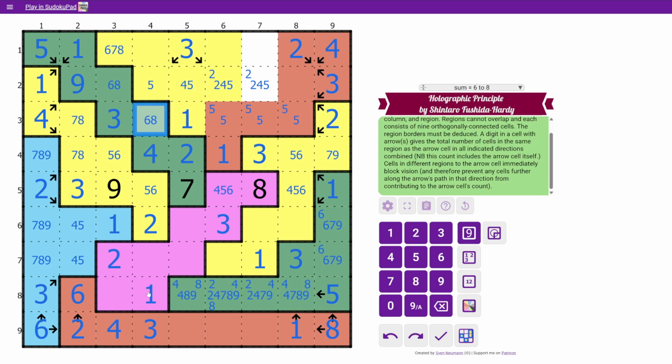One, 2, 3, 4, 5, 6. This is a 7 or 8. Quite a lot.